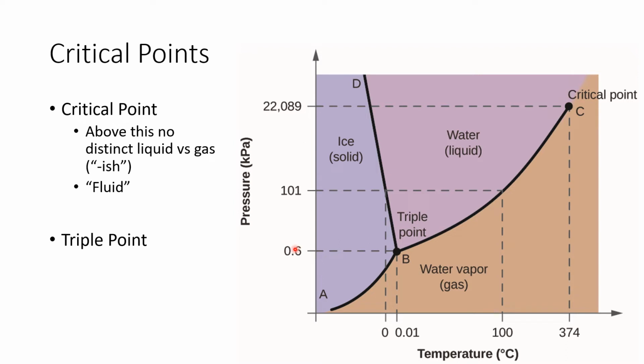So what's happened? As we brought the pressure down, remember that it is a function of both pressure and temperature. So here's our normal point at 101 kPa, right? We expect the boiling point of water to be 100 C. But if we decrease that pressure, it makes it easier for those liquid water molecules to go get in the gas phase, right?